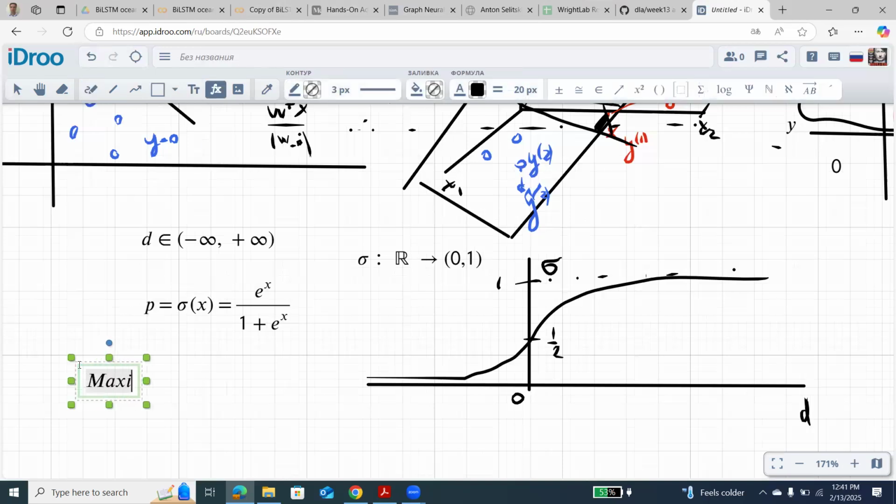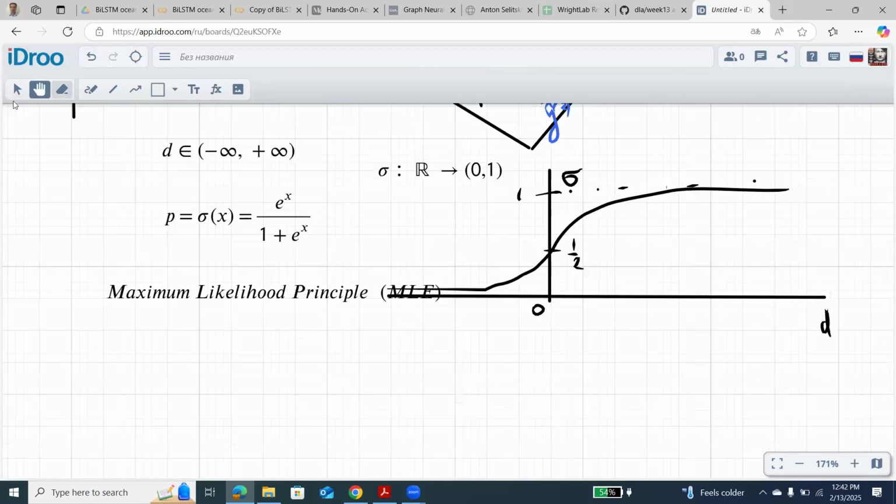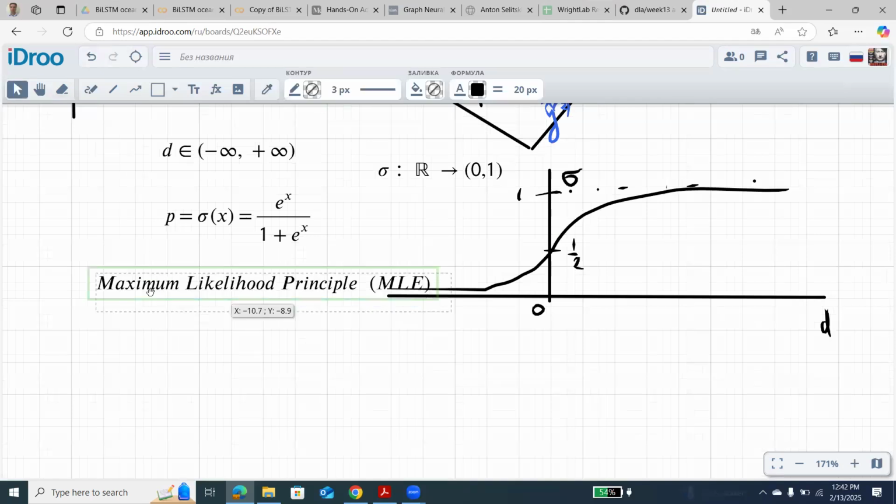Okay, and how to use probabilities? Maximum likelihood principle or estimation. Typically it's called MLE because we want to find the estimation for our parameters, maximum likelihood estimate.